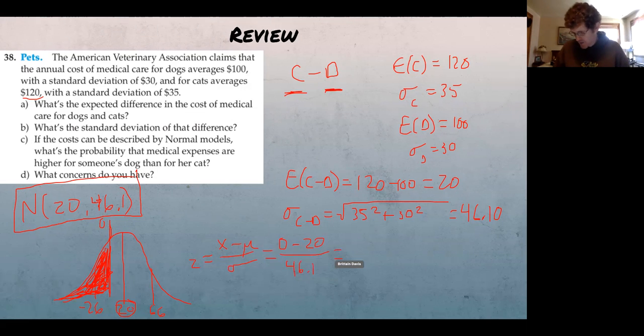So I can figure out this z-score. Negative 20 divided by 46.1 gets me negative 0.4338. So this is the z-score for that particular value of 0, negative 0.4338.